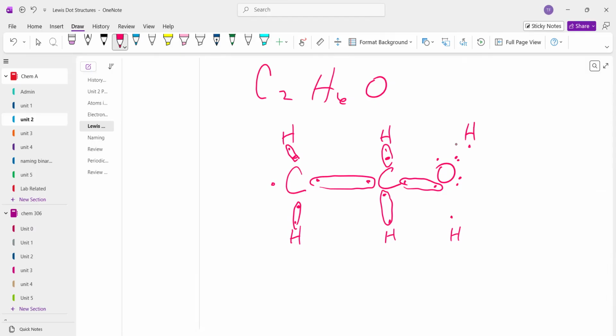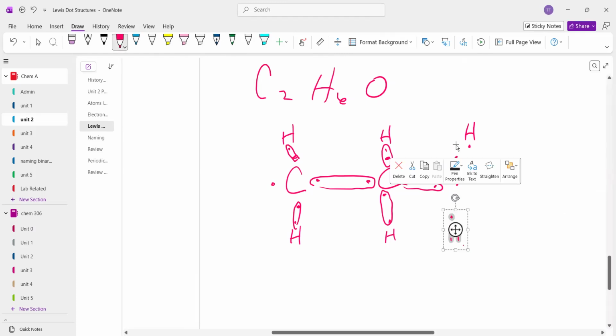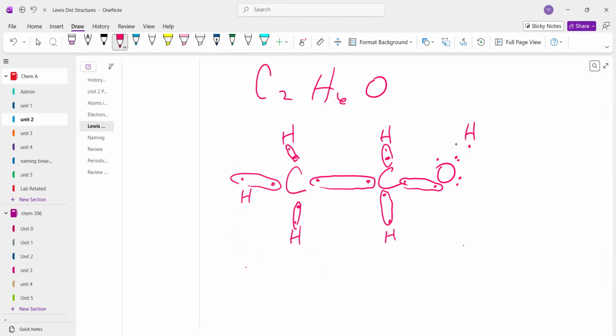So we have 2 H's on the right, and we have 2 singletons available, but they're on opposite sides. So let's move this over here so it can connect up there. And this is going to connect to that.